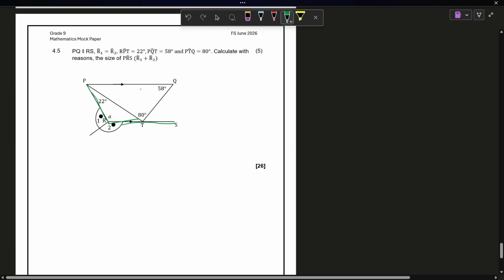But they say R1 plus R2. So what they mean is they don't want to find the inside, but rather they want us to find this one outside, the reflex side of it. Okay, I think that's pretty straightforward.